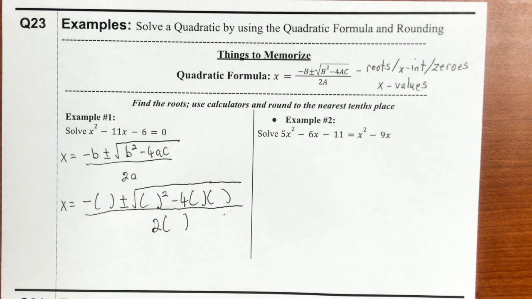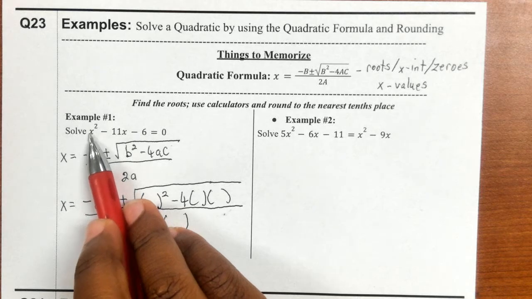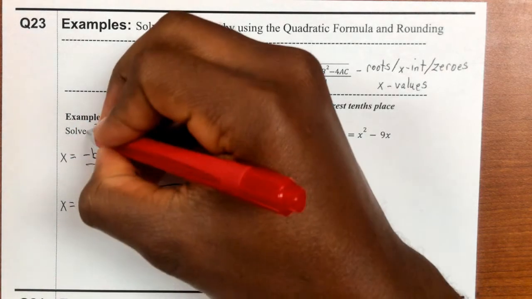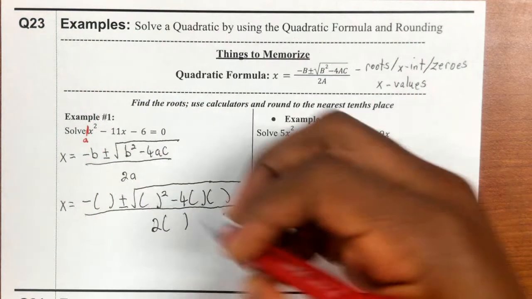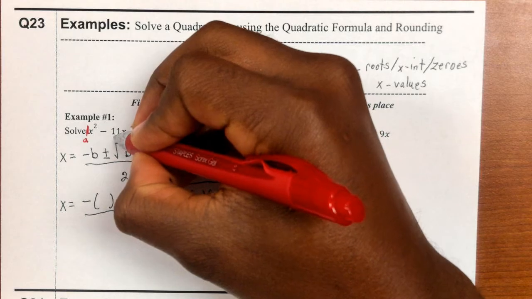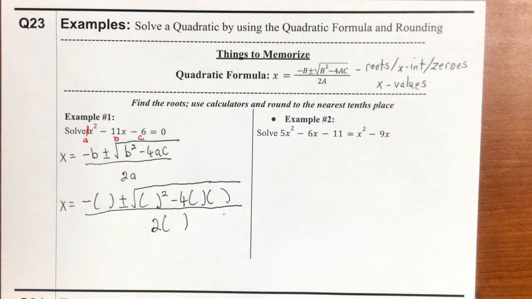You're probably wondering what these a's, b's, and c's are. In front of my x squared is a number. That number is a 1, and that represents your a. The number in front of your x represents your b, and your constant represents your c.